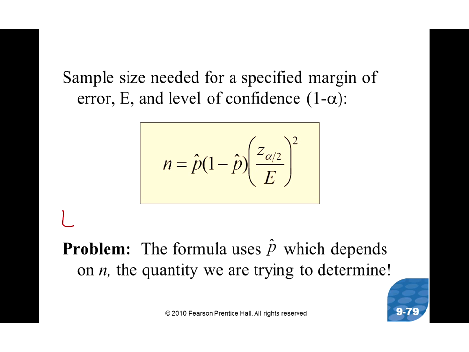All they've done is taken that, remember our margin of error is equal to z of alpha over 2 times the square root of p hat times 1 minus p hat, all over n. Okay, all they have done is manipulated this formula to solve for n.